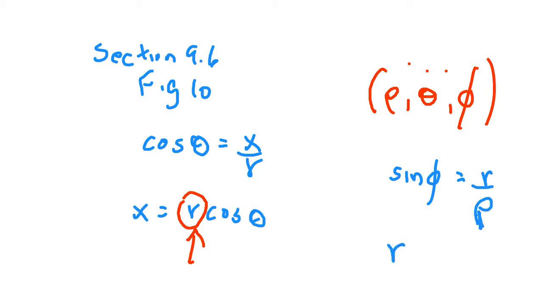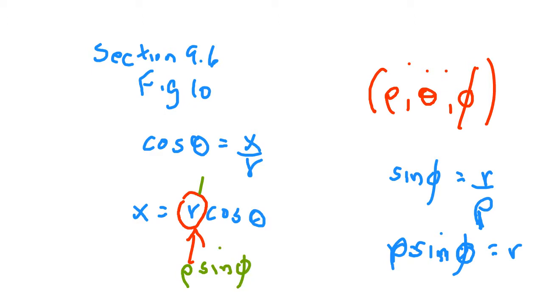And so rho times the sine of phi is equal to that radius r. So we can replace this r here with rho times the sine of phi.